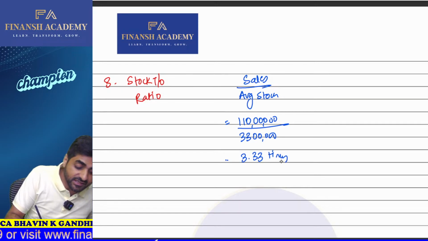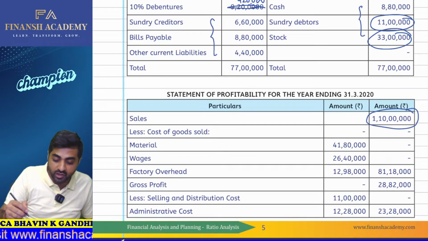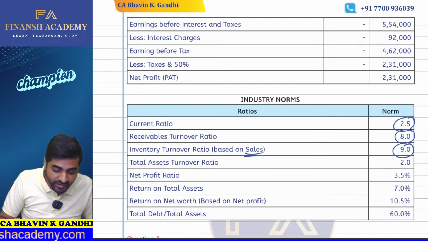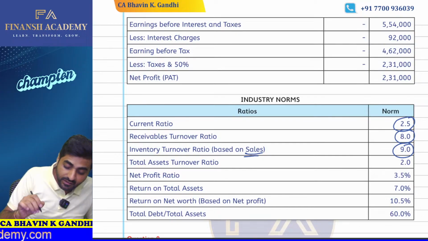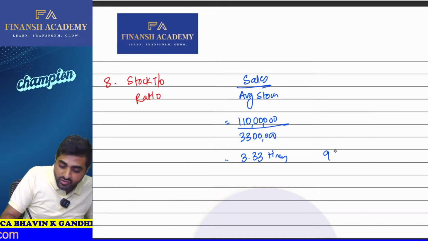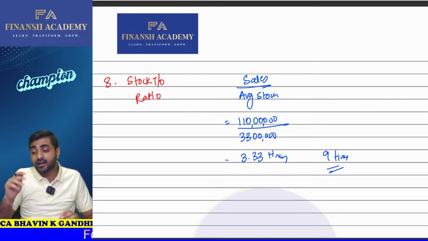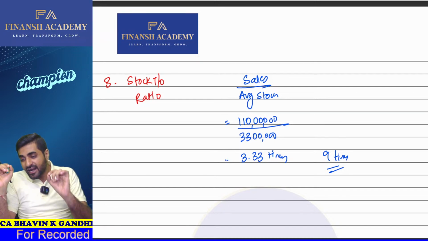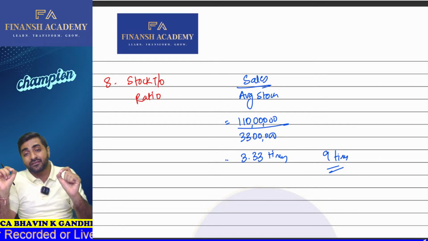Don't forget to check this with the help of your industry turnover ratio. Your industry turnover ratio is nothing but 9 times. Oh my God. So in this particular case, can I say that the company has a turnover ratio which is less than the industry? So that is a mark of inefficiency.